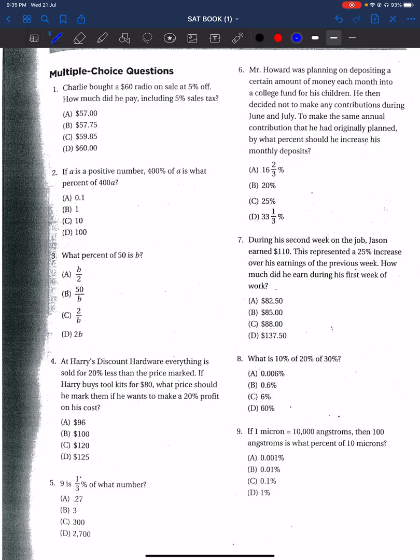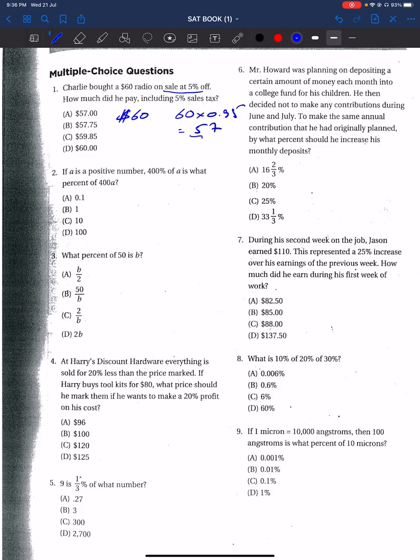Charlie bought a $60 radio on sale at 5% off. How much did he pay including 5% sales tax? So now his $60 should be on sale for 5%. Accordingly, he should pay 60 times 0.95, which is equal to 57.